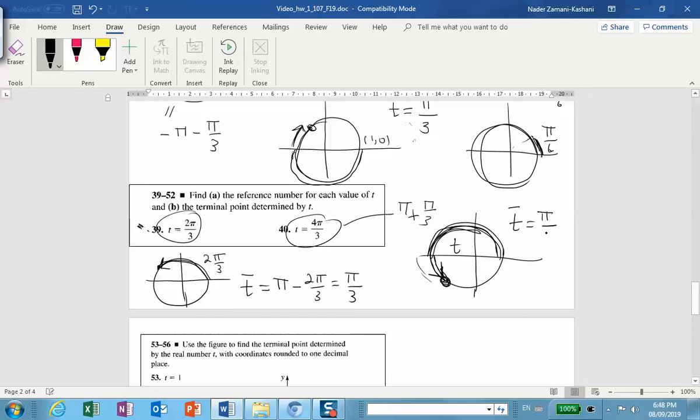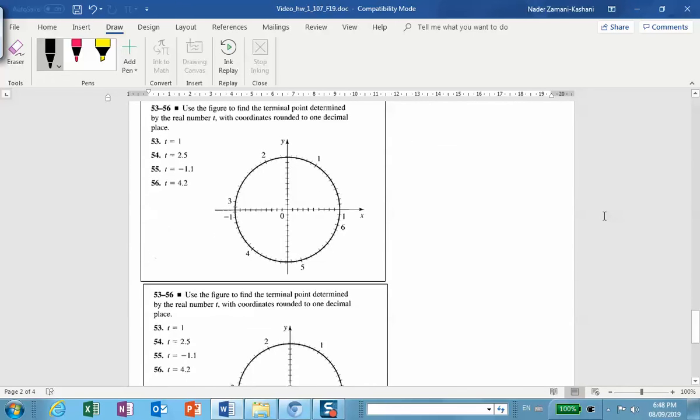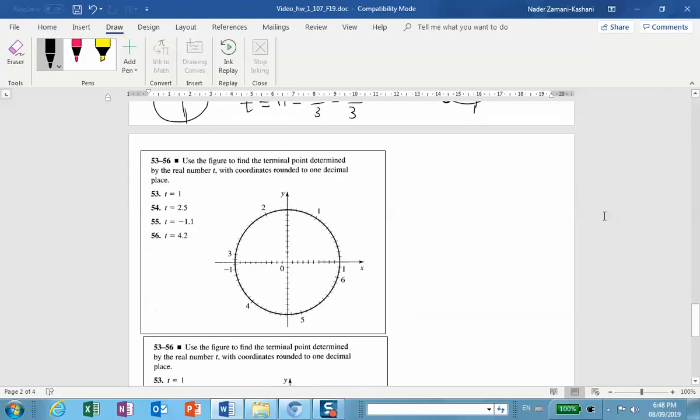Okay, this is the last problem, but I have drawn several versions of this unit circle because I don't want to mess it up too much. It says use the figure to determine the coordinates of the terminal point associated with the given real number t. So t equal to 1 means that we're right here.